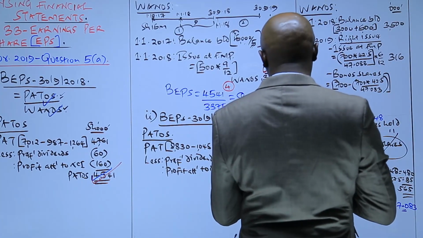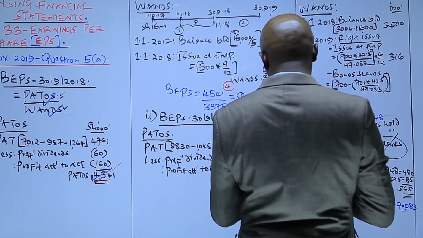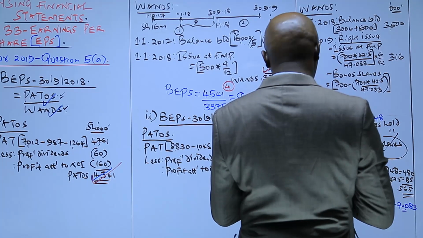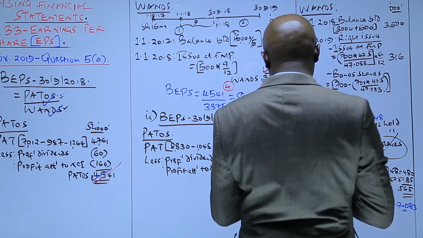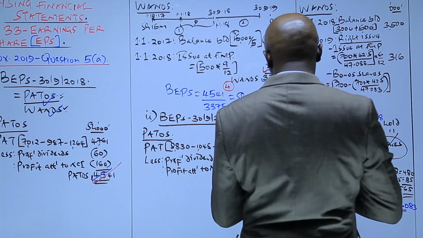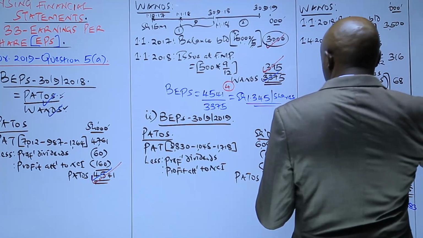So we have 700 times 42.5 divided by 47.083, and then we deduct that from 700, which will give us around 68 to the nearest whole number.